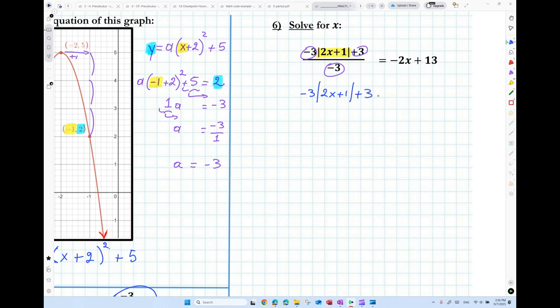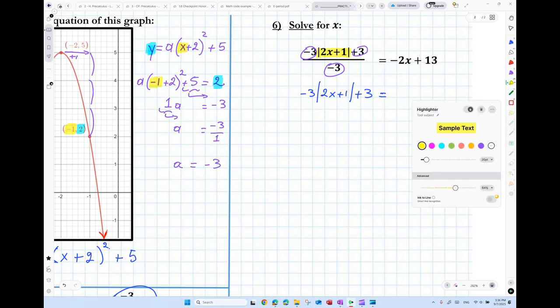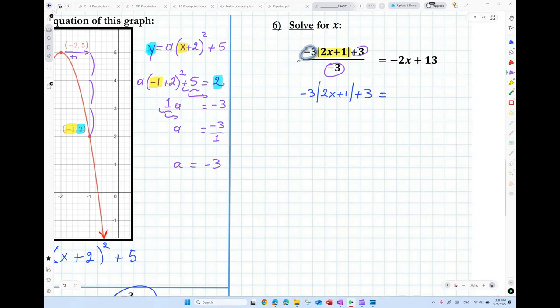all of that. So first, I'm going to cross over that division by -3, and I would have 6x minus 39. Then I'm going to cross over this addition of 3.